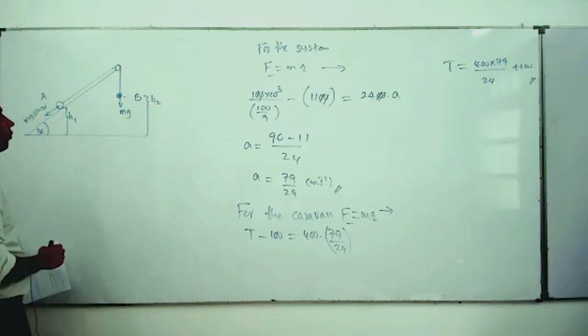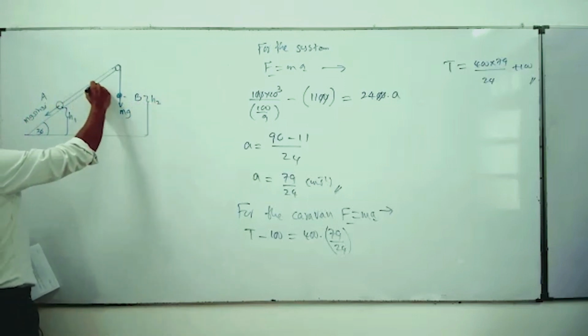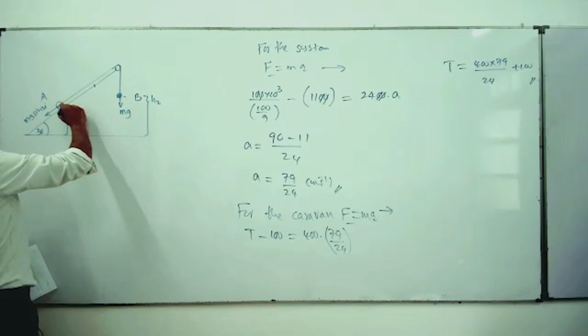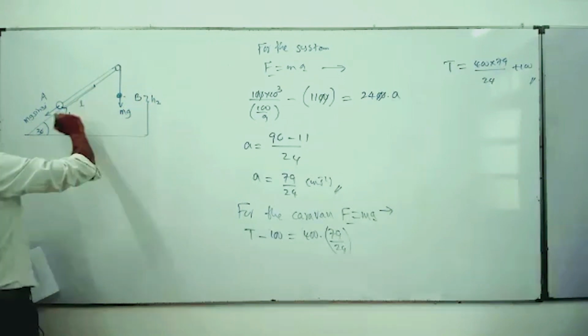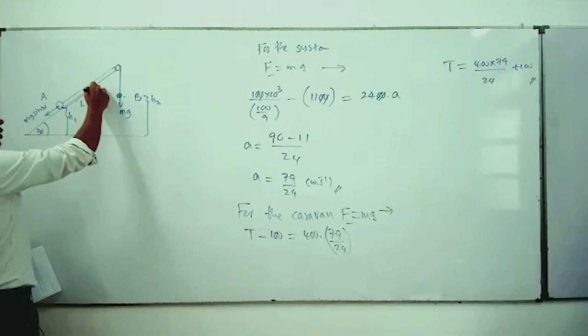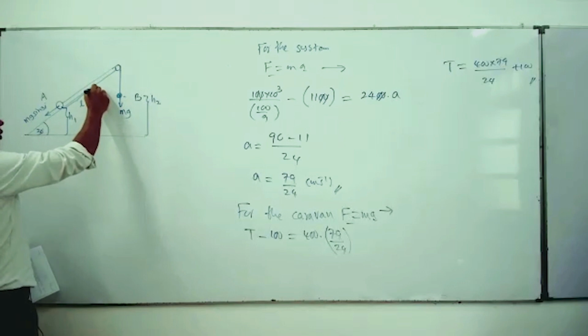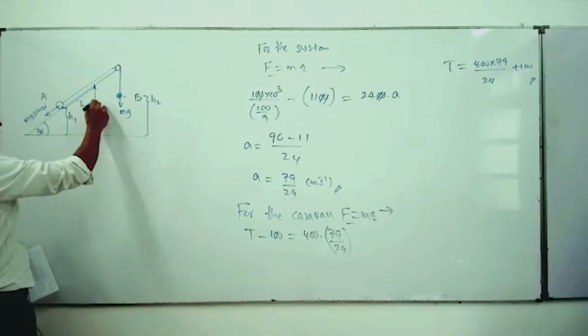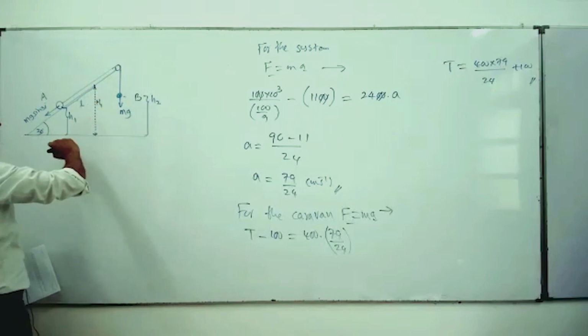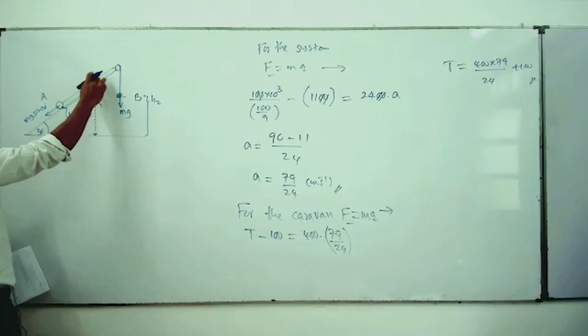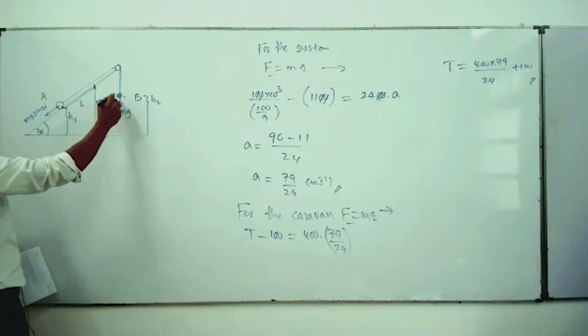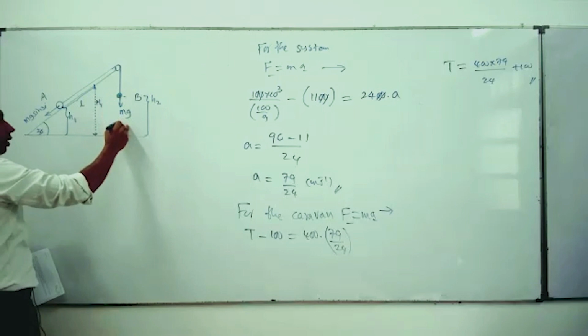Right. When this particle A moves on the plane, the displacement is L. Suppose this height is capital H1. Once A moves on the plane L meters, B moves down another L meters.